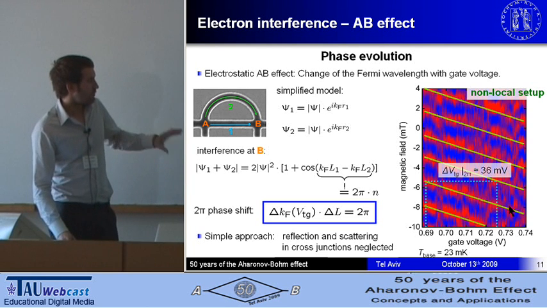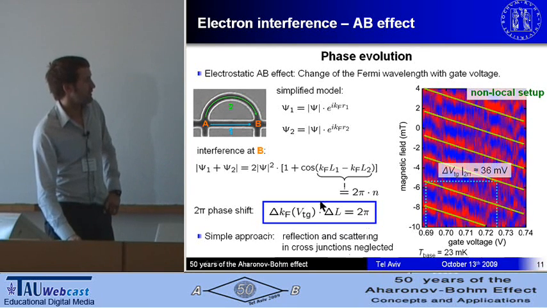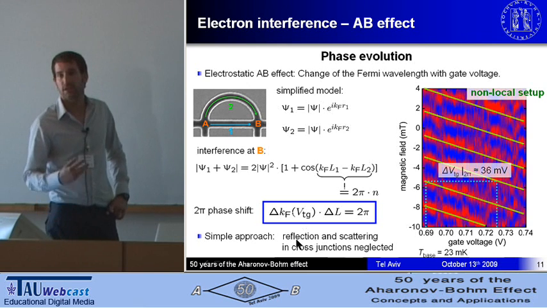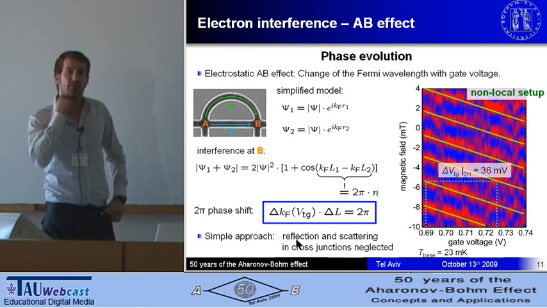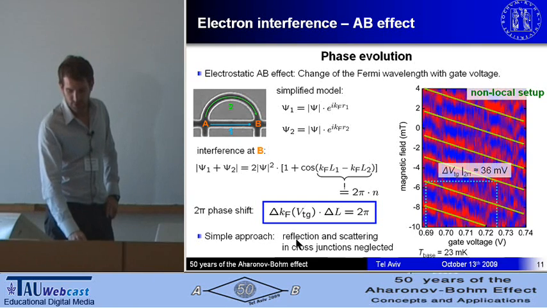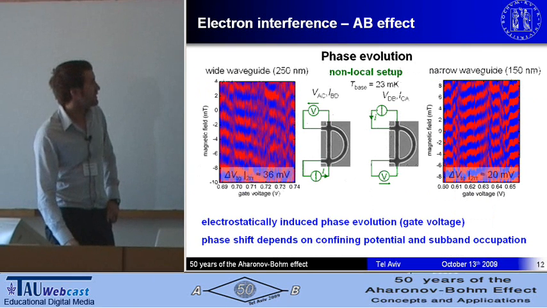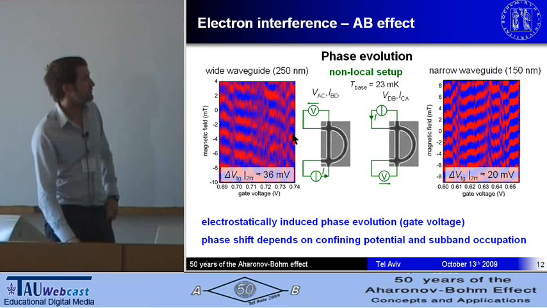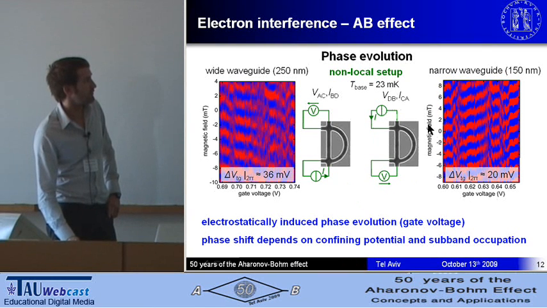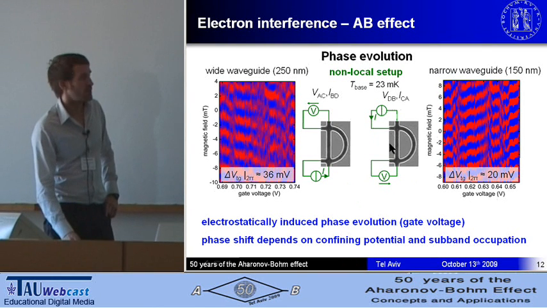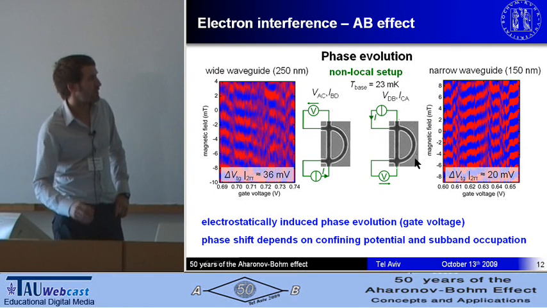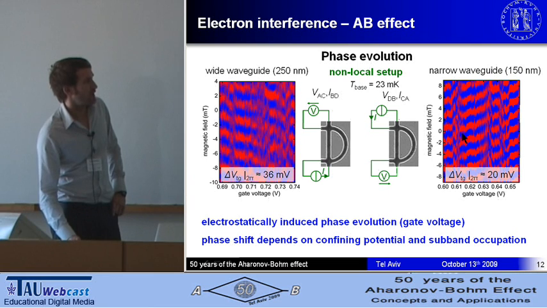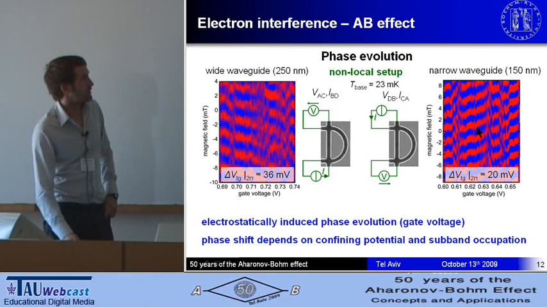I want to point out, however, that this idea is very simple because it neglects reflections and scatterings, especially at the cross junctions of our sample. So, to check the linear phase shift, we did the same with the thinner waveguide structure and found that, with a magnetic field pointing the other direction, effectively we have a linear slope again.